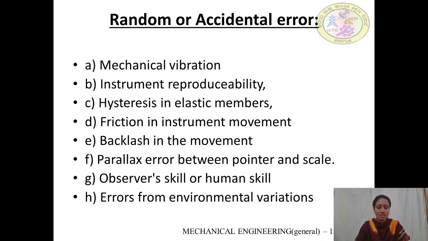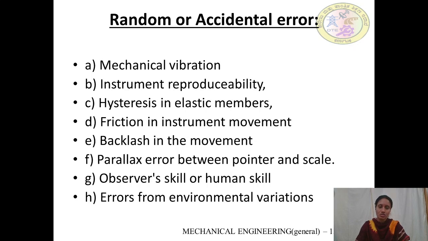When we make measurements under the same conditions over a long time duration, if the instrument gives the same output readings when the same input is applied, then it is known as instrument reproducibility.